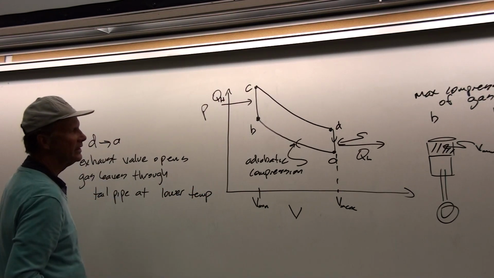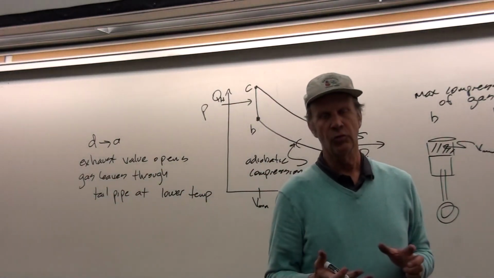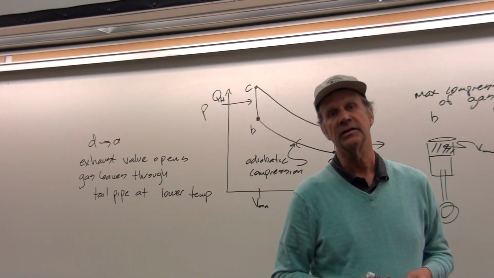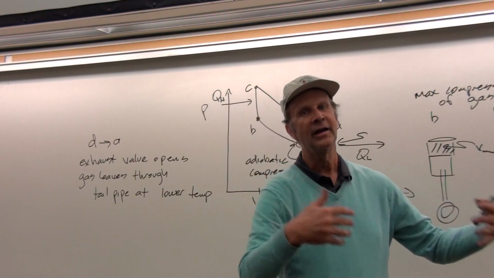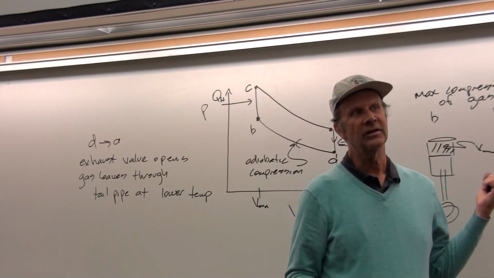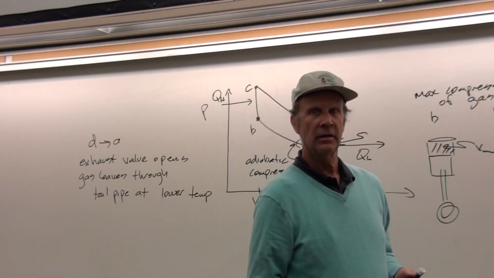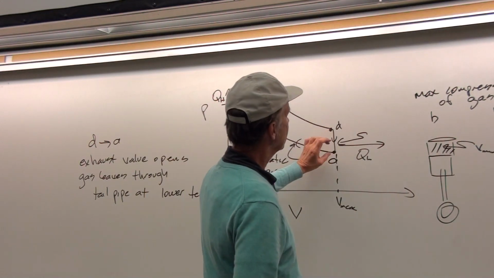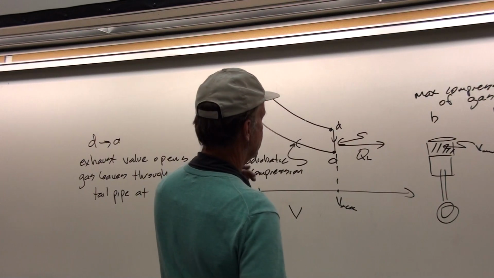But if you feel the exhaust coming out from the tailpipe, it certainly is warmer than the external environment. And so you'd say that's wasted heat. That's like in Diablo Canyon, where you've got that water shot out into the ocean that warms up the water. Here, this is creating heat pollution, but it's also creating particulate matter pollution as unburned gas vapors and things are expelled into the environment.